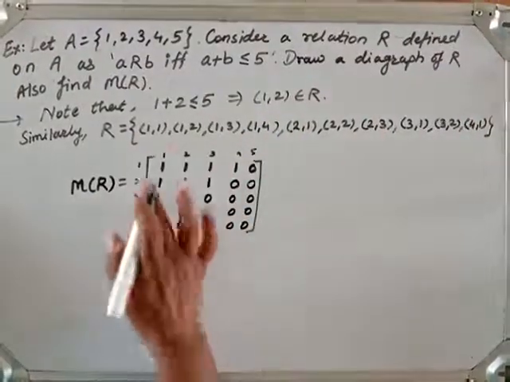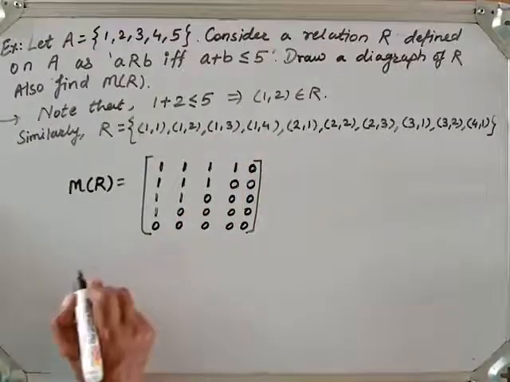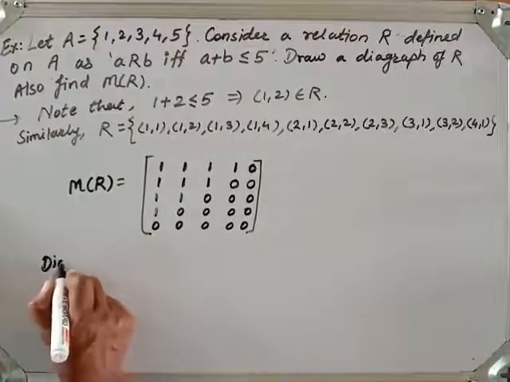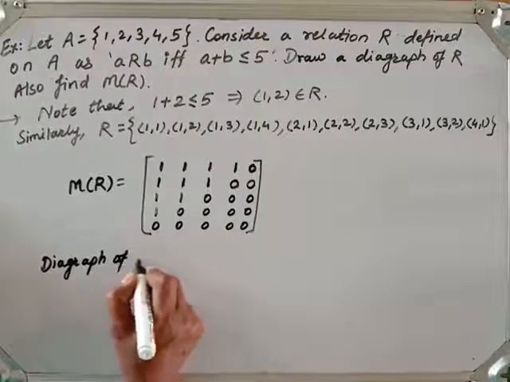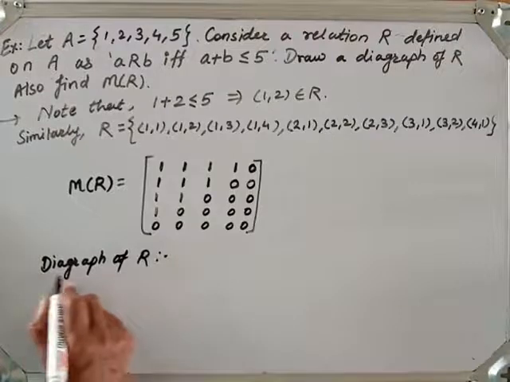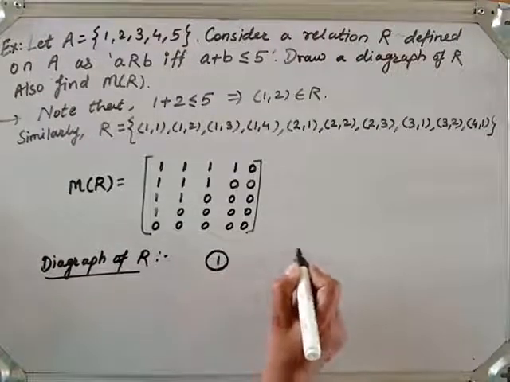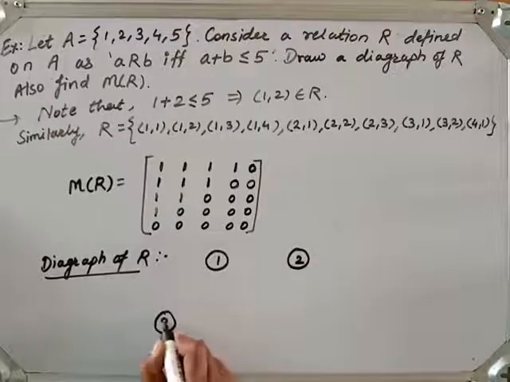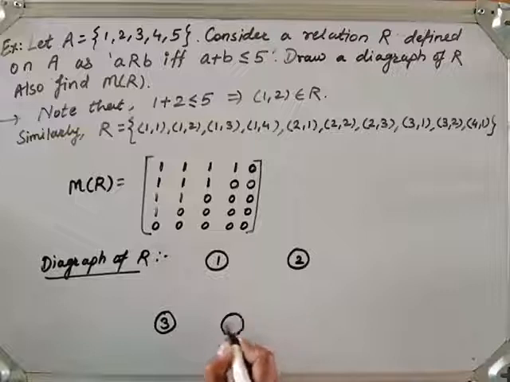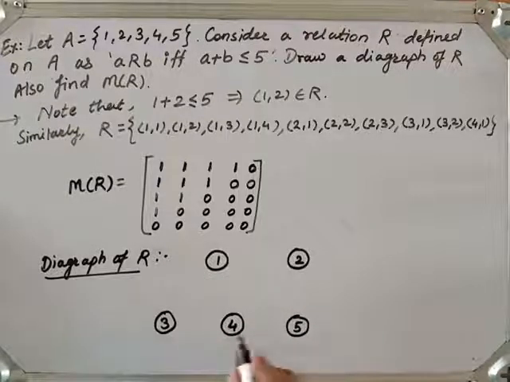For the diagram we need what? First of all we should denote the diagram of R. The diagram of R will be: first of all we should note all the elements 1, 2, 3, 4 and 5 as such.